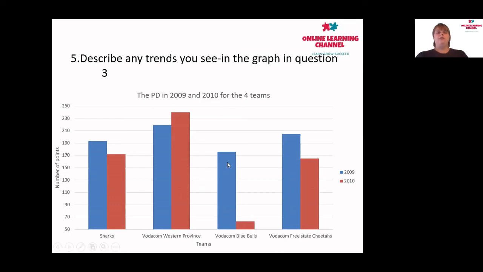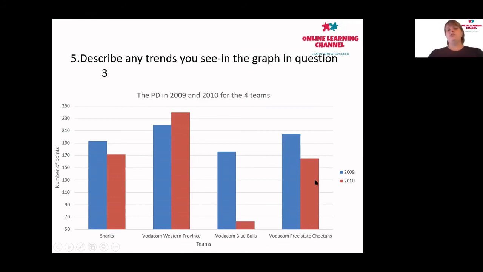Vodacom Bulls, in 2009 they had quite a lot of points difference. In 2010, they had almost no points difference. So in other words, they either scored less or got more points against them, thus meaning they did worse in 2010. Free State went all the way up in 2009 and a bit less in 2010.